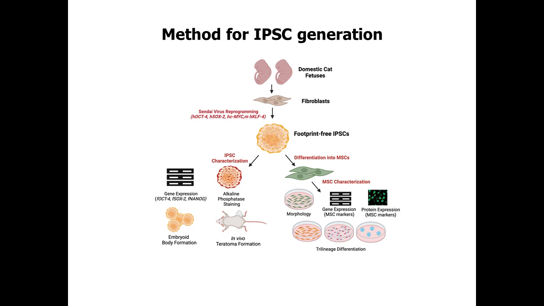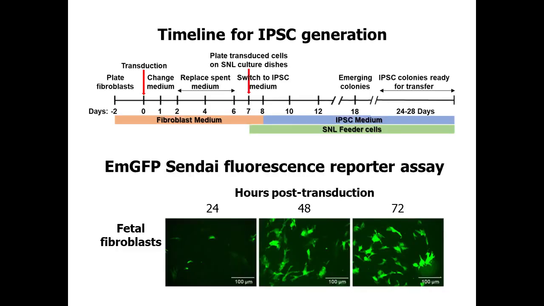In terms of characterization, we check the expression of endogenous pluripotency genes, we check the expression of alkaline phosphatase, as well as we check the differentiation both in vitro and in vivo. So this is the timeline for iPSC generation. Actually, we used commercially available Sendai viral vectors.